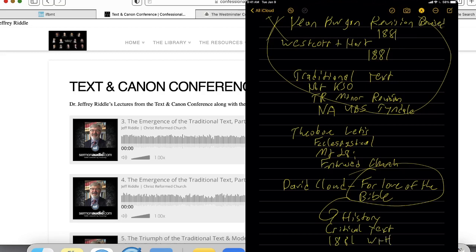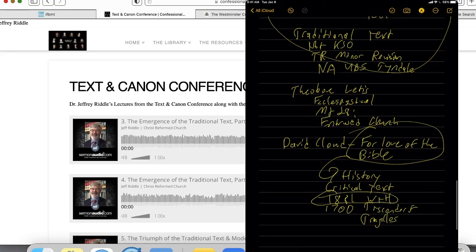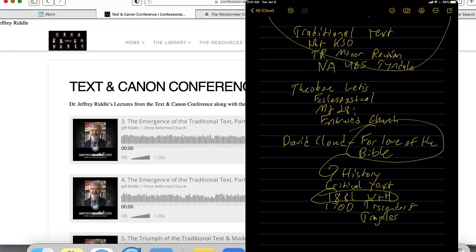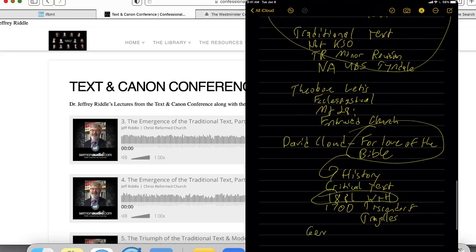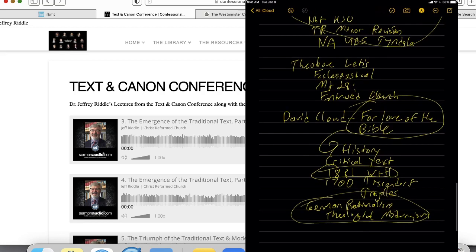He does a really good job of showing, even going back to the 1700s, with people like Tischendorf and Tregelles, what a lot of people believed, and showing the popular German rationalism and theological modernism that was going on, and how these things may have impacted the textual critical world.